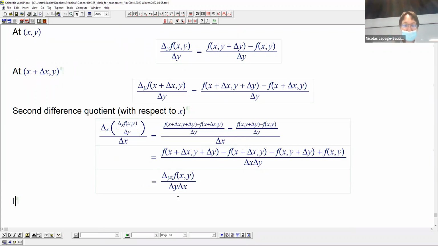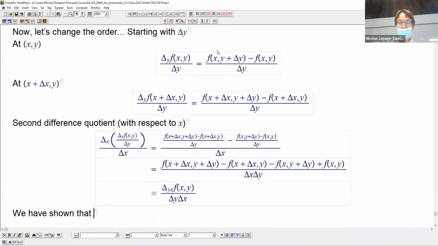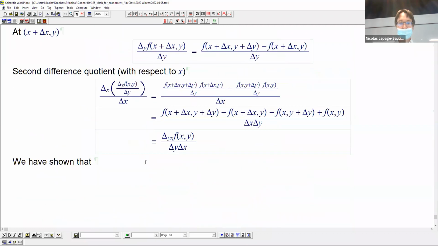So we have shown that this holds for delta x, delta y.